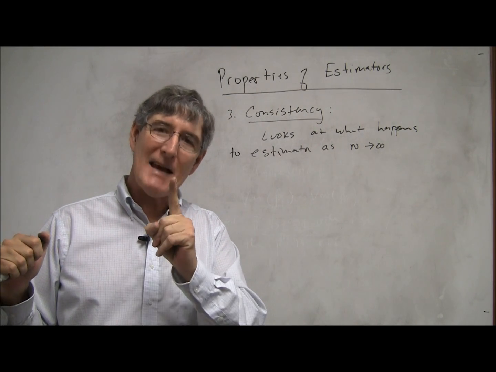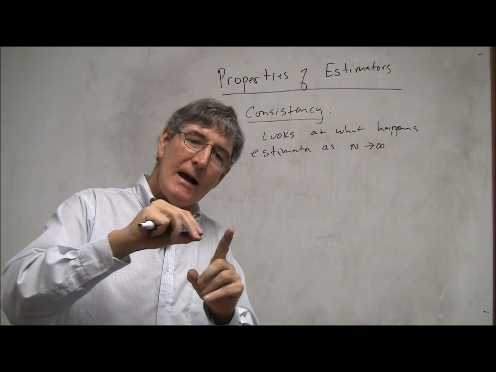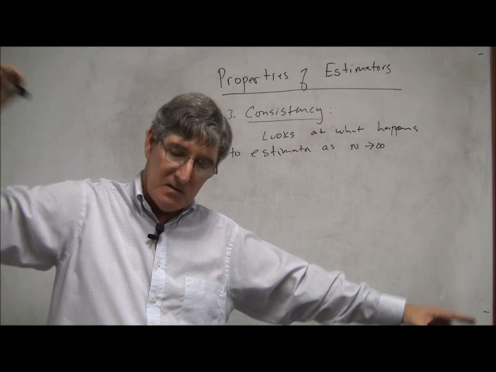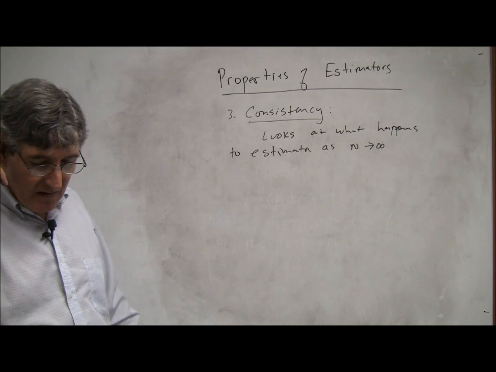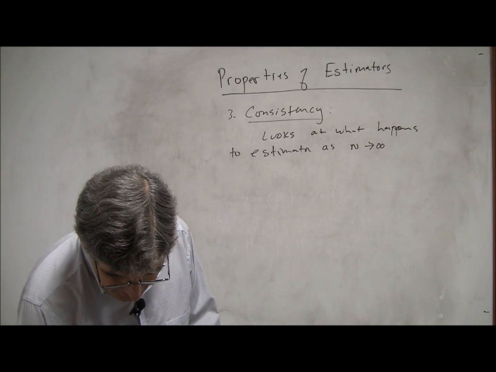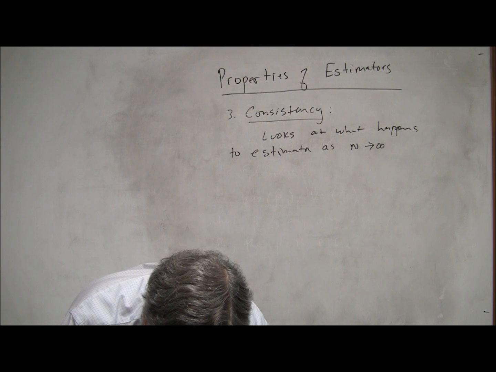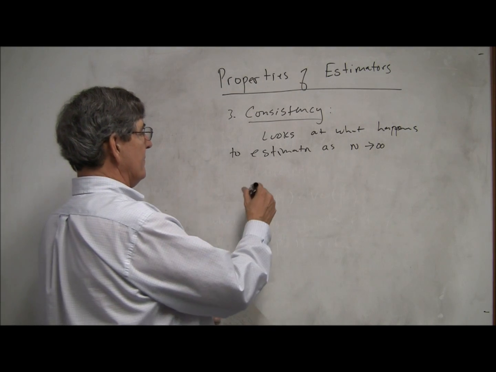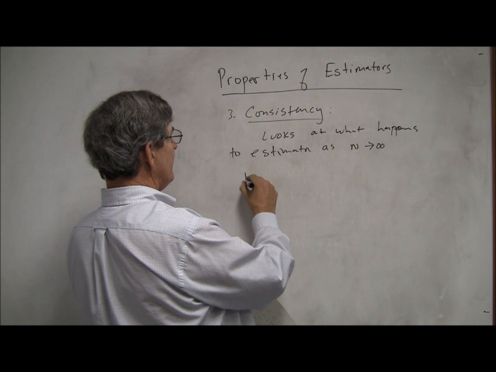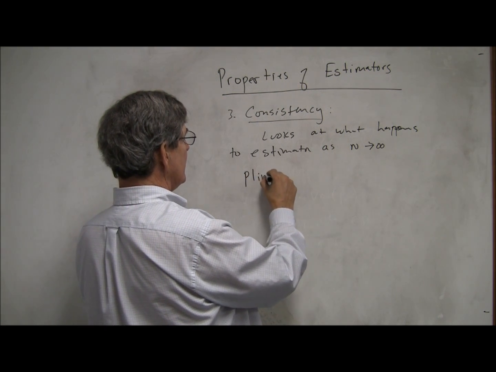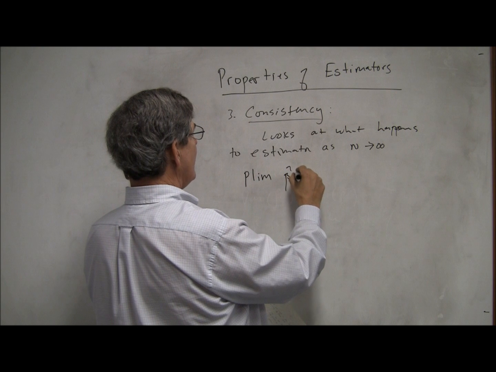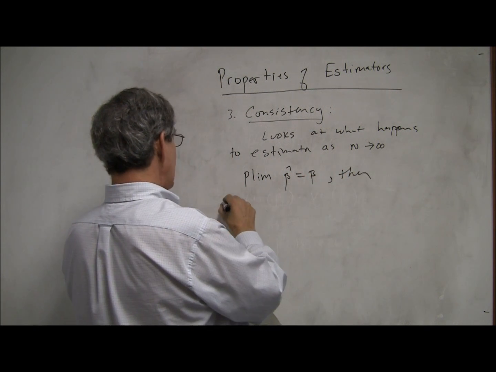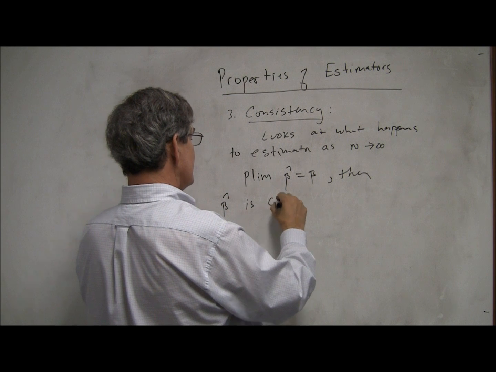Here we've got one sample, and we're asking what happens as the size of that sample gets bigger and bigger and bigger and goes to infinity. What you say is, this is called a p-lim. So if the probability limit of beta hat equals beta, then beta hat is consistent.